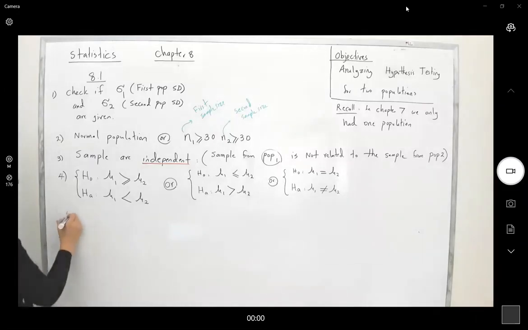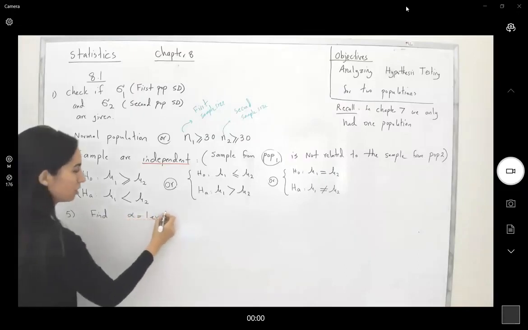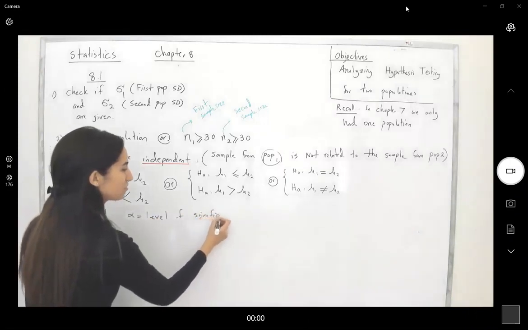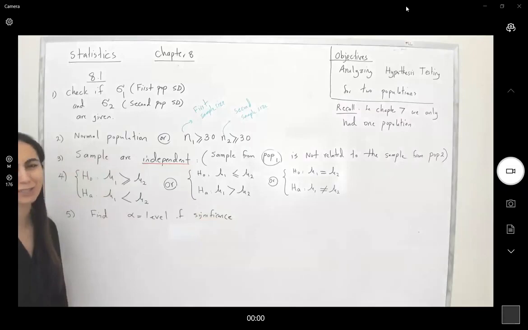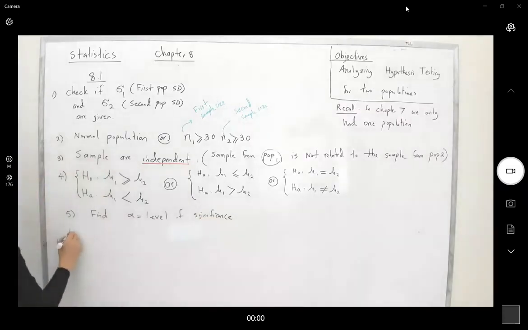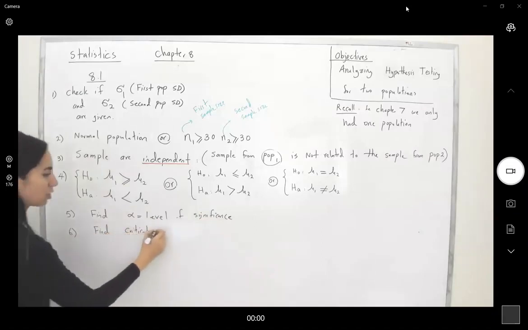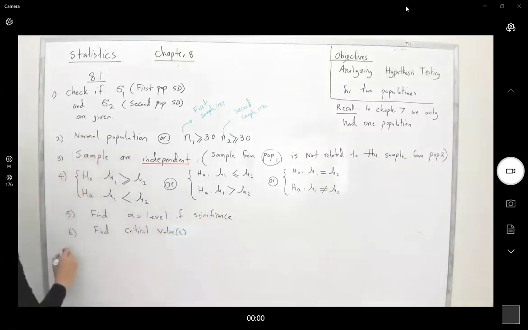As before, define alpha, or level of significance. After that, we need to find the critical value or critical values.